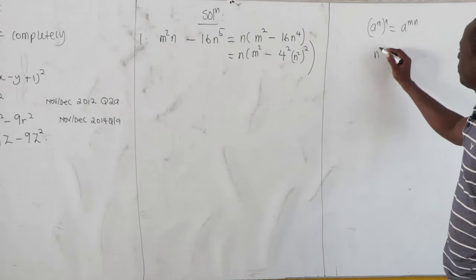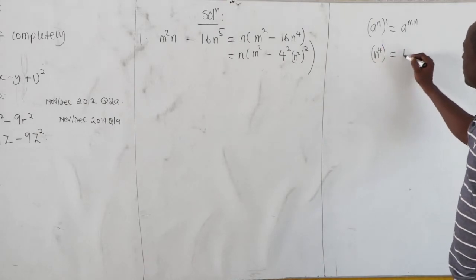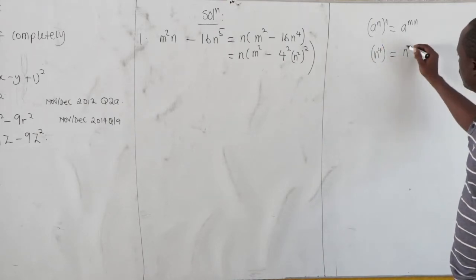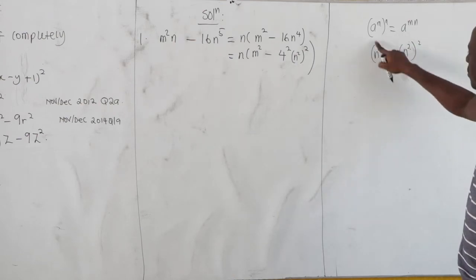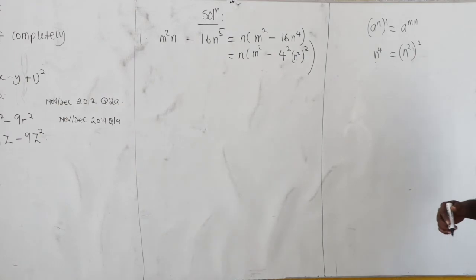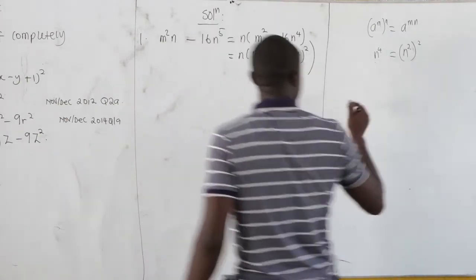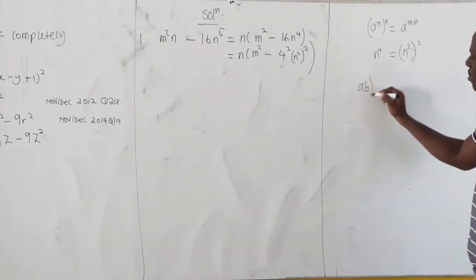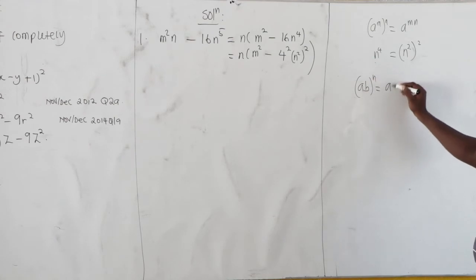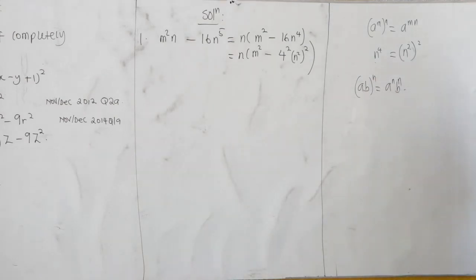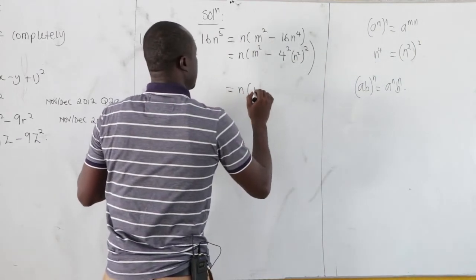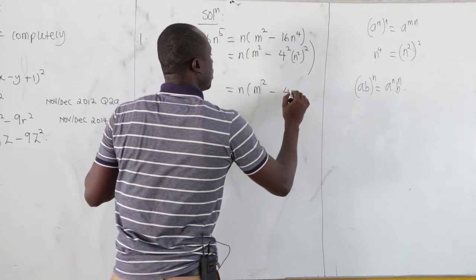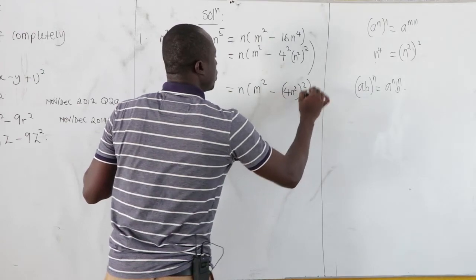Hence, if you have n to the power 4, we can write it as n to the power 2 all to the power 2, so that 2 times 2 will give us the 4 over here. And then also if we have ab all to the power n, this is a to the n times b to the n. Hence, we can rewrite this as m squared minus 4 n squared all to the power 2.